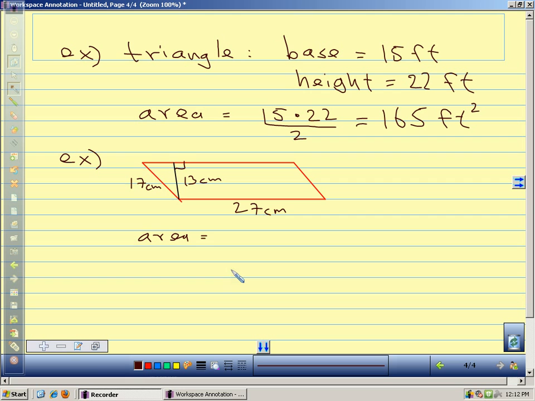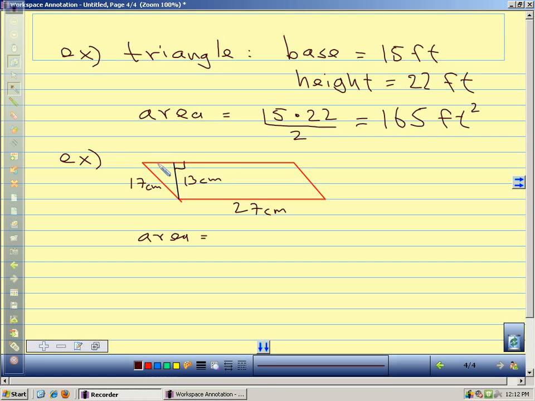We want to find the area of this parallelogram. Now, a mistake that people make often with parallelograms and trapezoids is they confuse the side with the altitude. So which one of these lengths is going to give us our height? The 13. The 13 gives us our height.